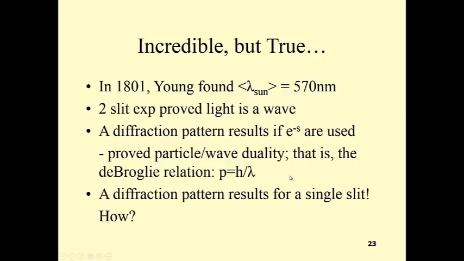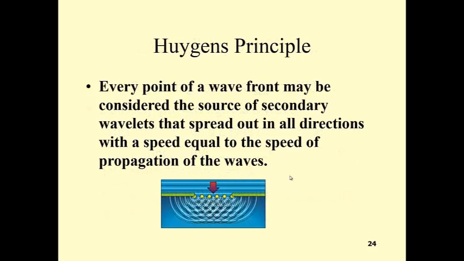So a diffraction pattern can also result for a single slit. It works because of a principle called Huygens' principle. He basically said that every point on a wavefront may be considered the source of a secondary wavelet that spreads out in all directions with a speed equal to the speed of propagation of the waves. So if you have some waves coming into a slit, then every point in that slit could be considered as a source of more waves.